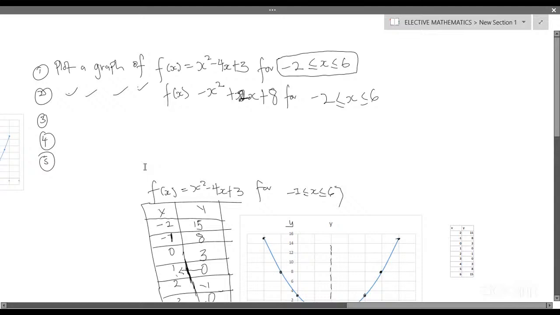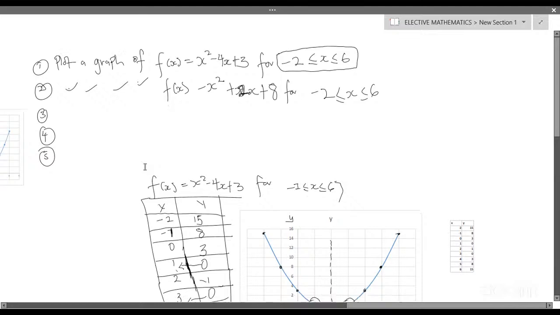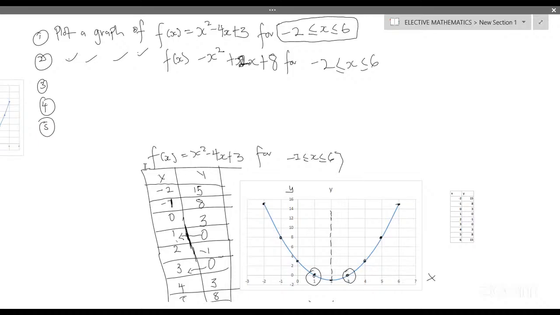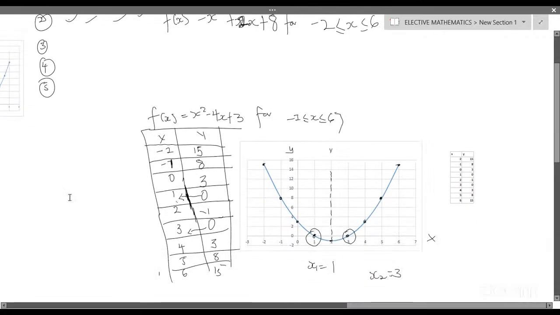For now, we are just learning how to plot the graph and then be able to use the graph to identify the minimum values and the maximum values and where they occur. So once we are done with that, then we will shift to how to solve the quadratic equation itself. That one is not going to have so much graphical work. It's going to be a lot of solving.